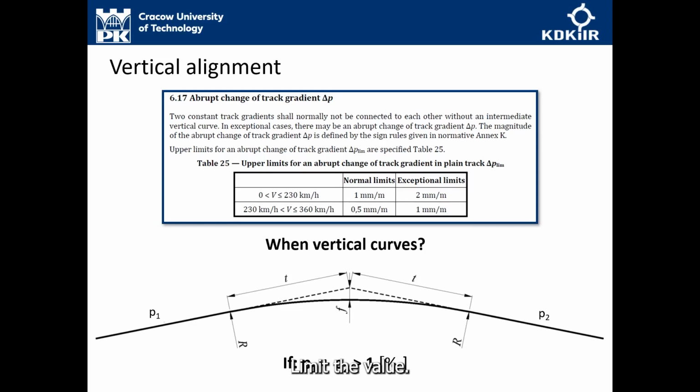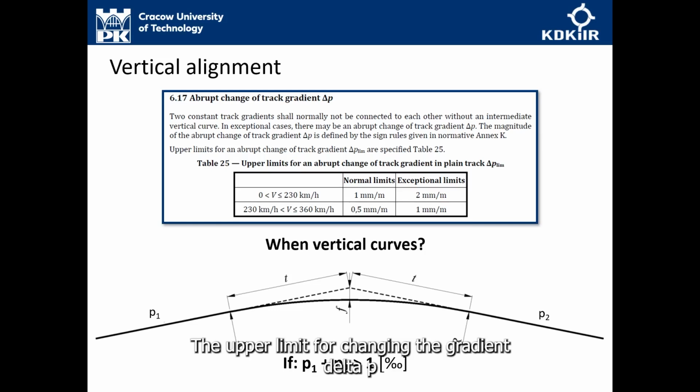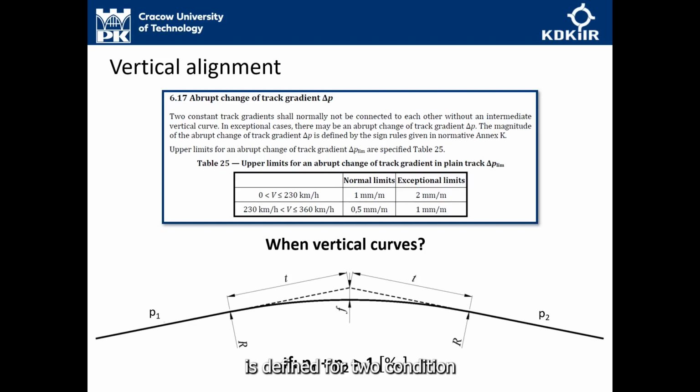The upper limit for changing the track gradient, delta P, is defined for two conditions: a speed of 230 kilometers per hour, and the range from 230 to 360 kilometers per hour. As the upper limit is 1 millimeter per meter, while for others, as you can see in the table, other values are specified.